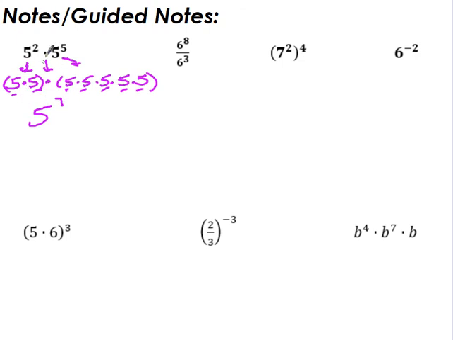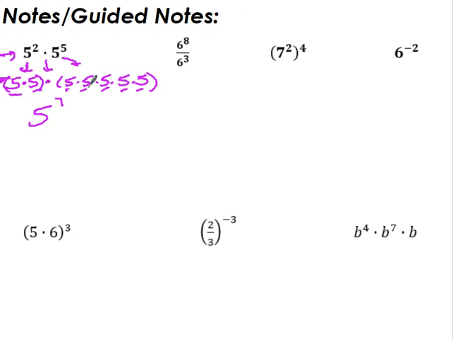Now let's go over that again. If I have 5 squared and then 5 to the 5th, 5 squared is 5 times 5. 5 to the 5th is 5 times 5, 5 times. Well, if I look at all of this together as one problem, because that's what this is, right? I brought down the multiplication, I just expanded these out, but this is that problem. This and this are the exact same thing.